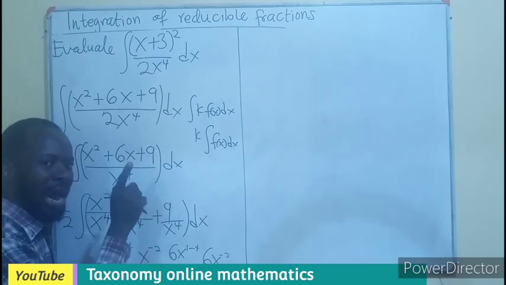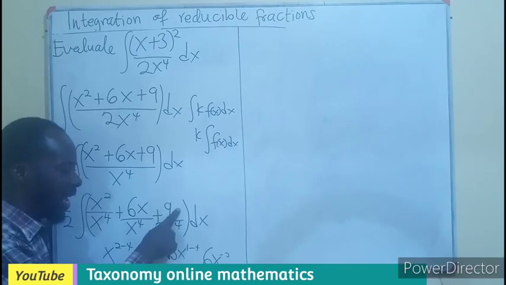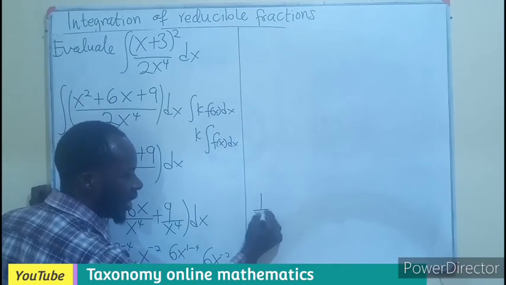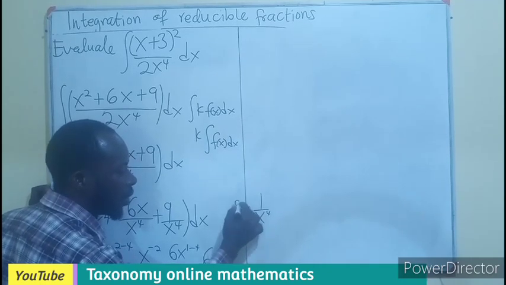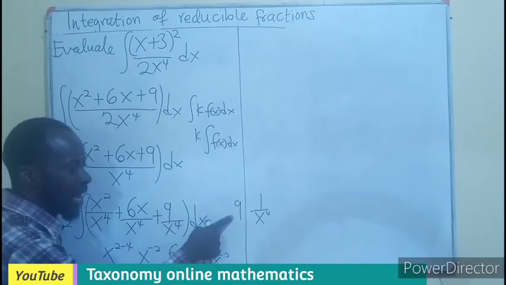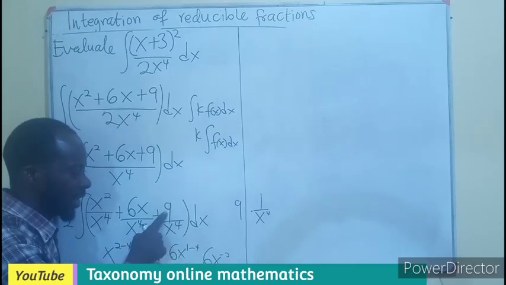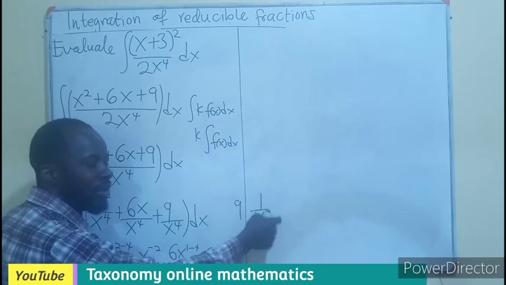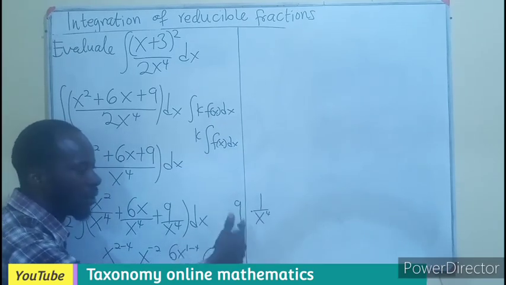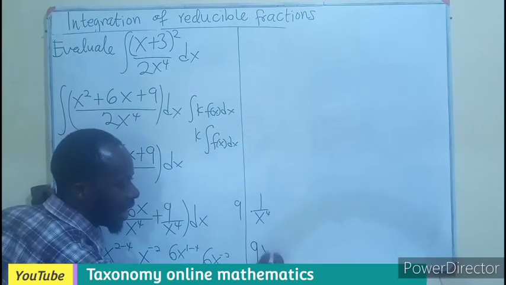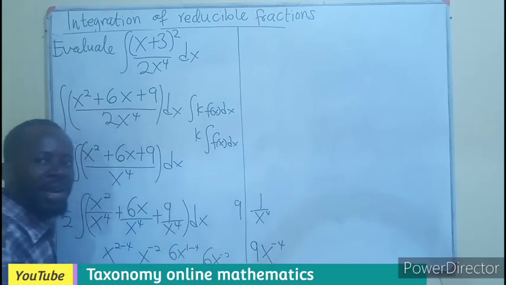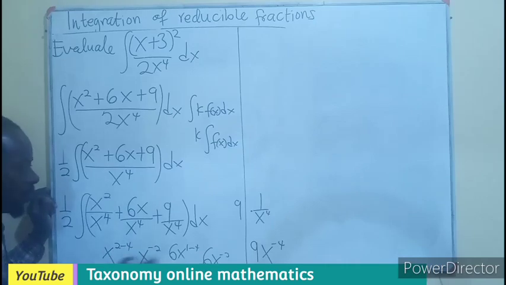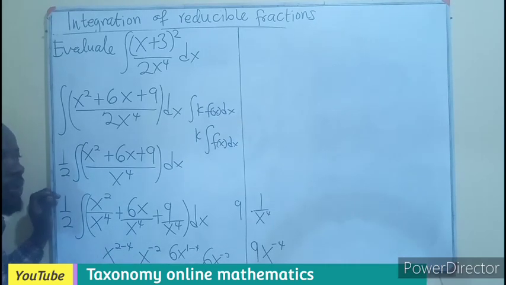I believe we do the same here. So the 9 will be up, but there is 1 here. So it's going to be 1 over x to the power 4 times 9. 9 times 1 gives you 9. But this is going to be a law of indices where we have a reciprocal. So this becomes 9x exponent minus 4. So now we are going to replace each of these fractions with their polynomial with a negative exponent.